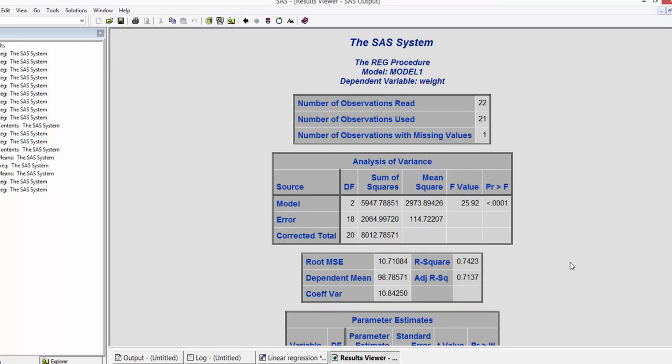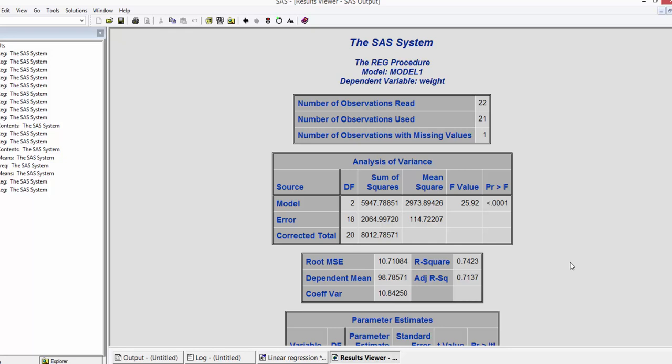Alright, so this is the output from your regression procedure, and this process is known as estimation. So we have estimated. There is an internal algorithm written in the background by SAS, which does this estimation. The algorithm that is being used in this case is known as ordinary least squares regression estimation.